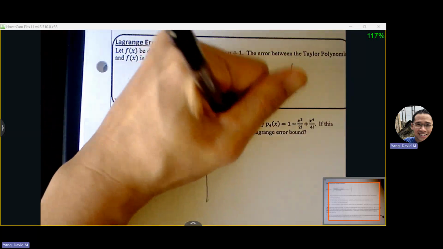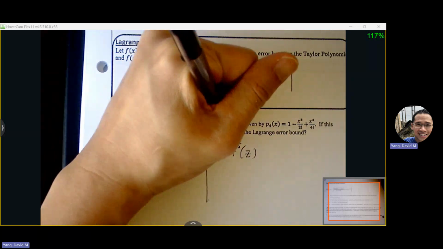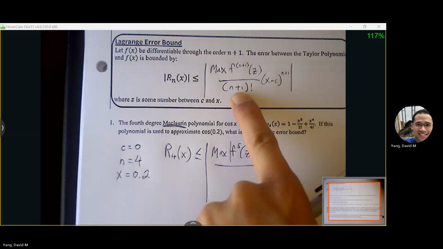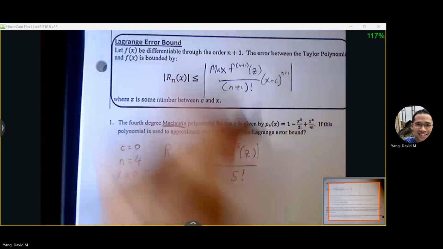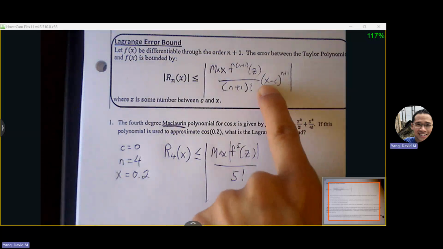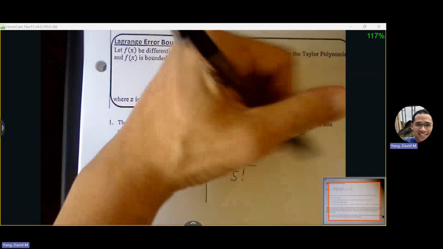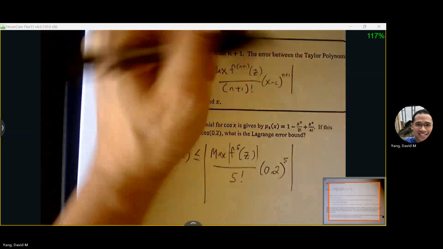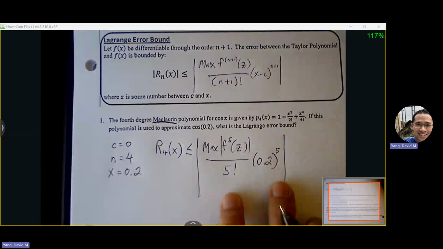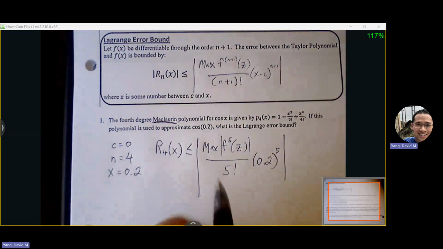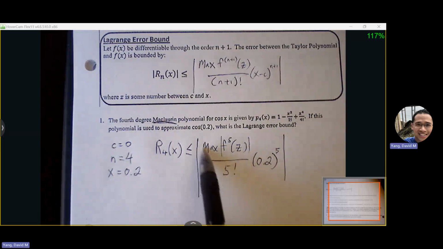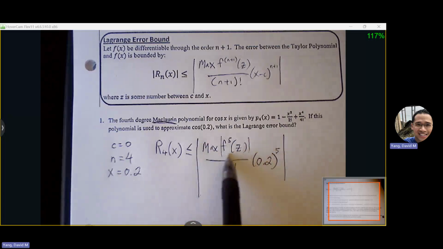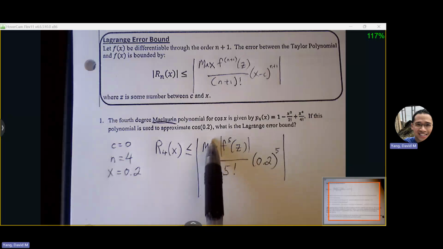So the fifth derivative evaluated at z, we're trying to find that maximum value, over 4 plus 1 factorial, so 5 factorial, times x minus c. Our x is 0.2, our c is 0, so 0.2 raised to the fifth. Really the only thing in question, since everything else has been resolved with numeric values, is what's the maximum that cosine can be at the fifth derivative?